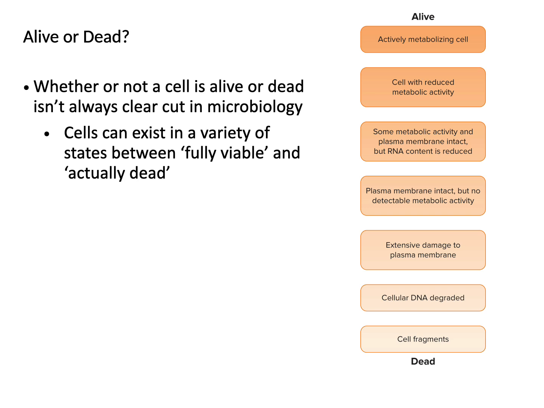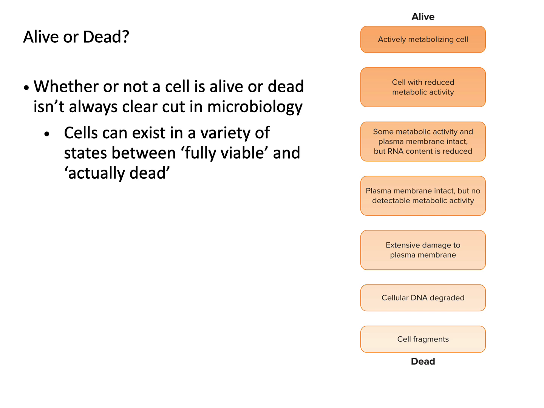But it's not going to be producing as much RNA because it's not going to be making as much protein, right? And then we can have it where the plasma membrane is still intact, but there's really no metabolic activity, right? It's kind of in a dormant stage. Again, we would recognize it as being alive, but it's just not metabolically active.